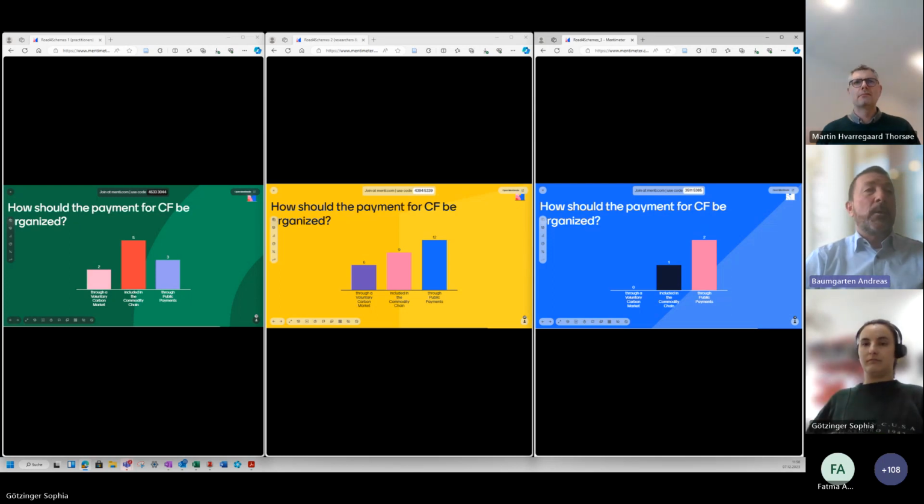So this is obviously the most important for the practitioners, and the second is public payment.